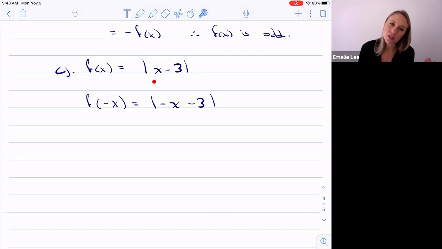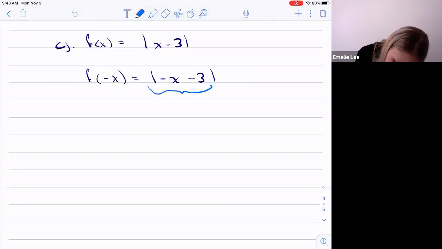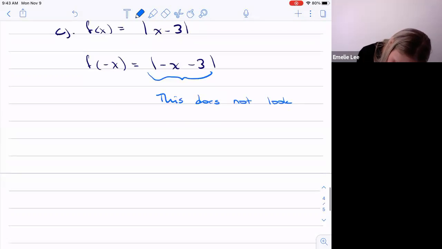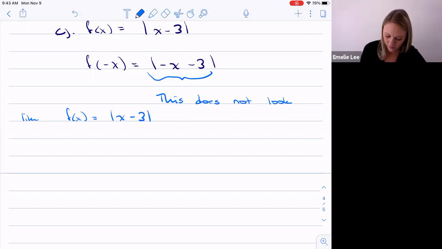So then my other option is to see if it's odd. This does not look like f of x equals the absolute value of x minus 3. Therefore, it's not even, right?